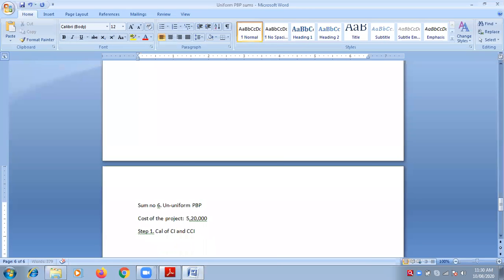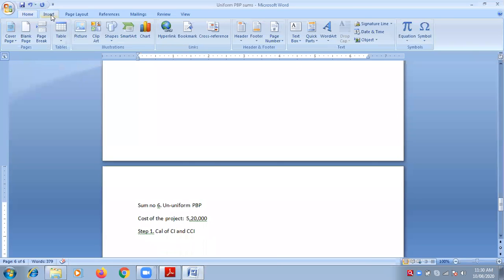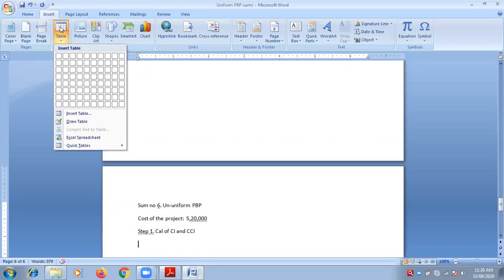Now we need to make a table because there are 5 years and we have to add the depreciation for 5 years. We will not leave a line and a space between each year and add depreciation again and again. It would be confusing, so better to make it in a table. A table will help you complete your sum very easily.